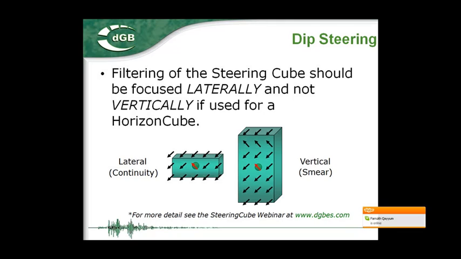So you need to think of your application. And in this application, we are looking at horizons. So we want to look at the horizons laterally. So we want to not filter so much in the vertical direction, or we may smear.